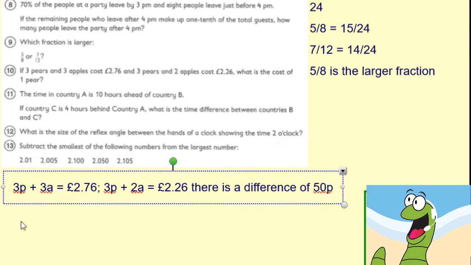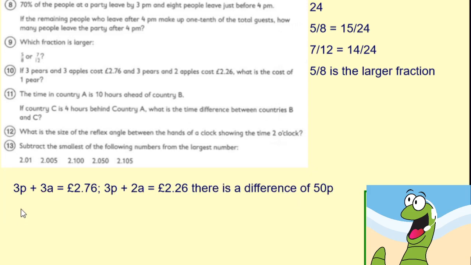Now, what does that mean? It means that an apple is worth 50 pence. So 1 apple equals 50 pence.